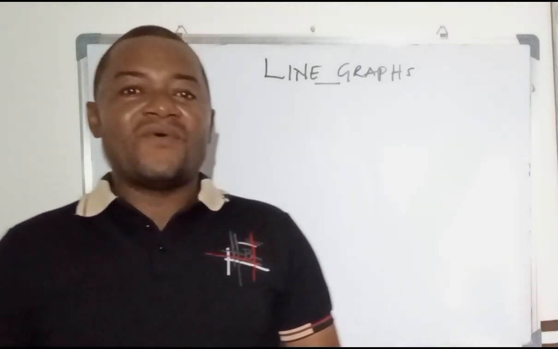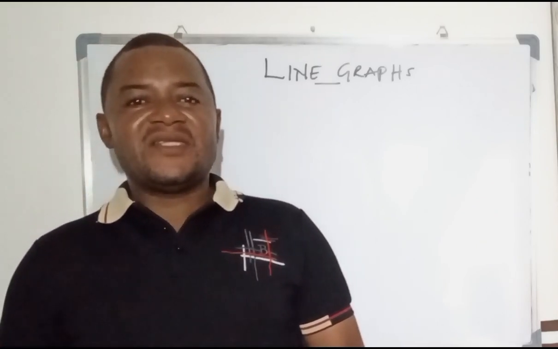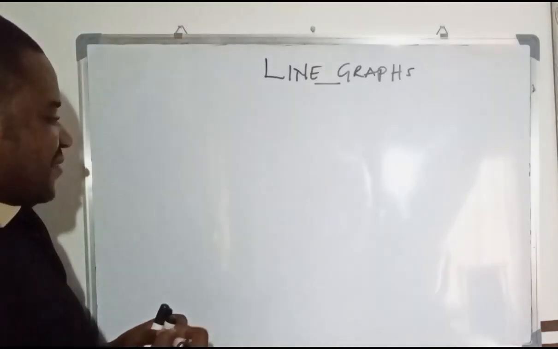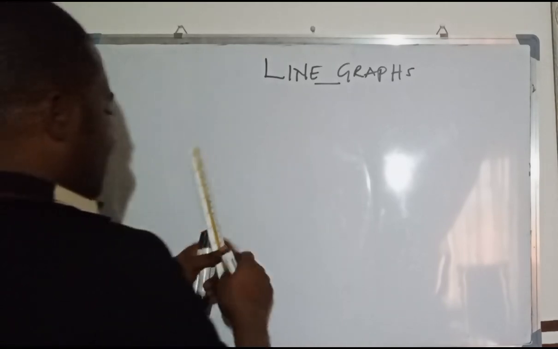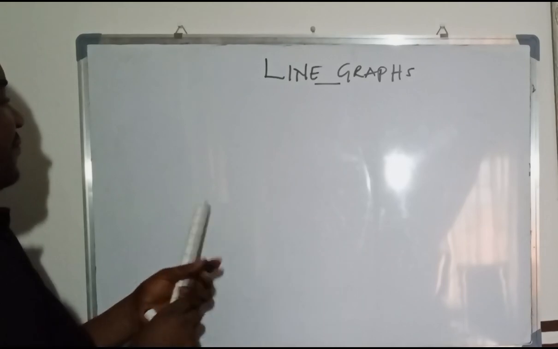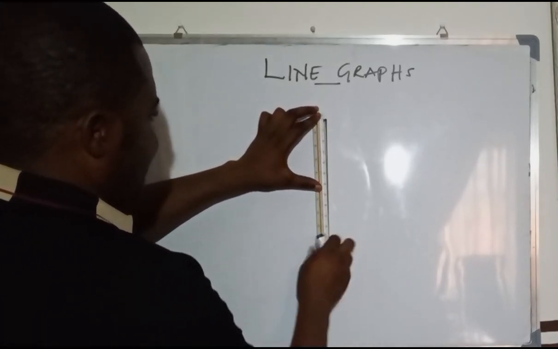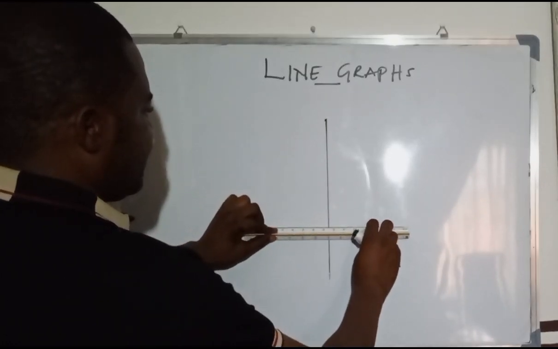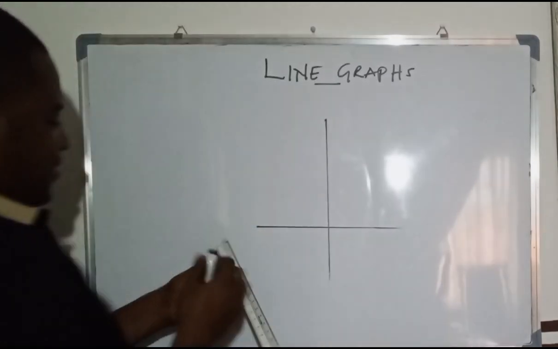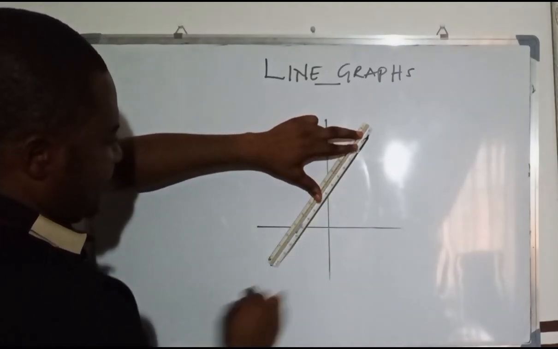Now, interestingly, for every graph, there is an observed variable and there is a control variable. To explain that, let us look at something. Let's say you have a graph of this nature, and you have a line across.